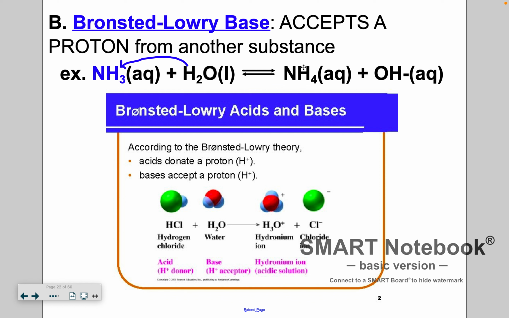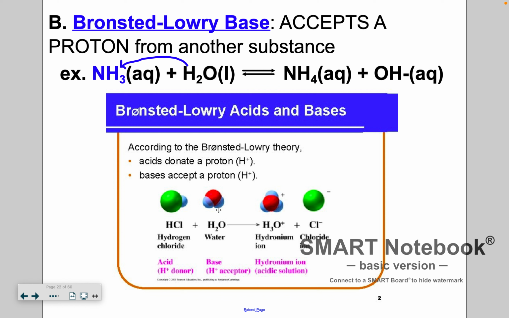Where did I get that hydrogen? I got it from water, and I'm left with OH negative, or hydroxide ion. So NH3 accepted that proton. When I ask which one is the acid and which is the base, looking at the product side, NH3 gained the proton, so this is my base and this would be my acid.